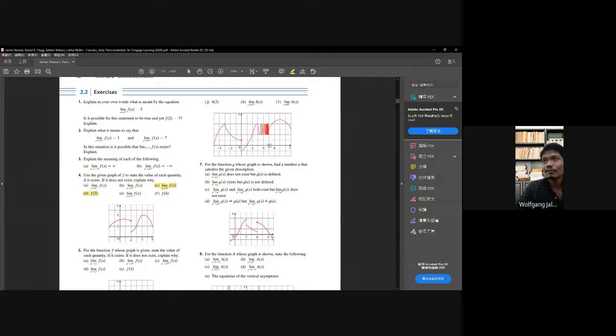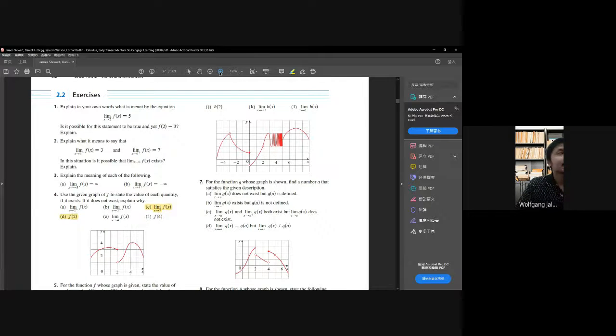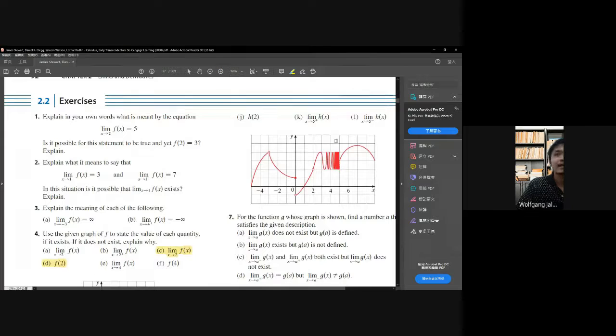Now let us see this one. My question is, what is the limit at x equals 4? Any idea? Any opinion? Okay. Can you see my pointer? So my question is, what is the limit of h?